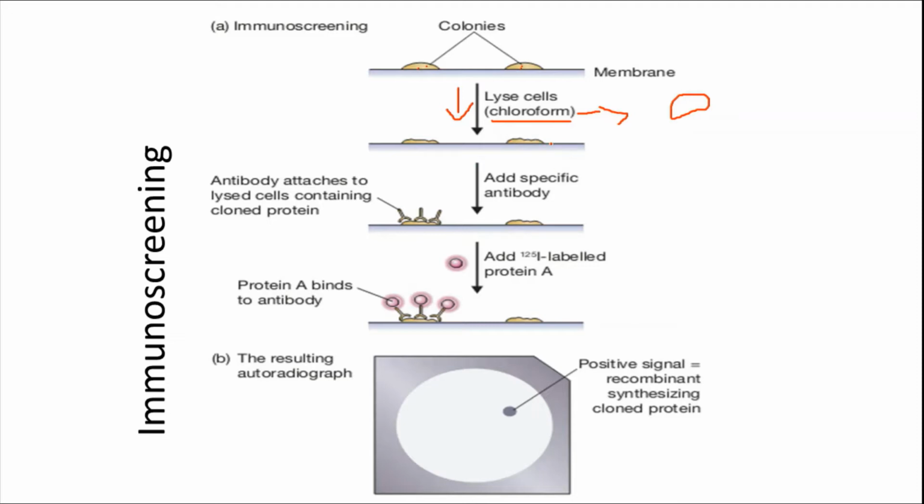Now we add the antibody. The antibody attaches to the lysed cell containing the cloned protein alone. If the cloned protein is present, the antibody attaches; otherwise it never attaches, because antigen-antibody interactions are ultra specific.